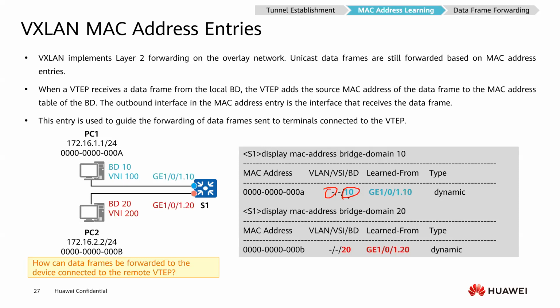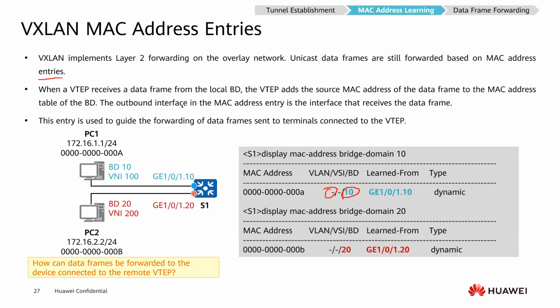All right, so now let's look at how it works in specific detail. You find that VXLAN implements layer 2 forwarding on the overlay network. Unicast data frames are still forwarded based on MAC address entries, all right? And when a VTEP receives a data frame from the local BD, the VTEP adds the source MAC address of the data frame to the MAC address table of the BD.